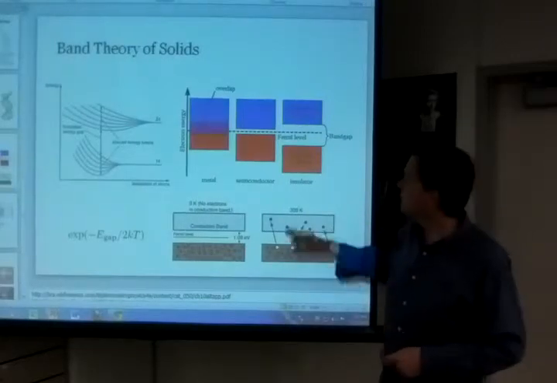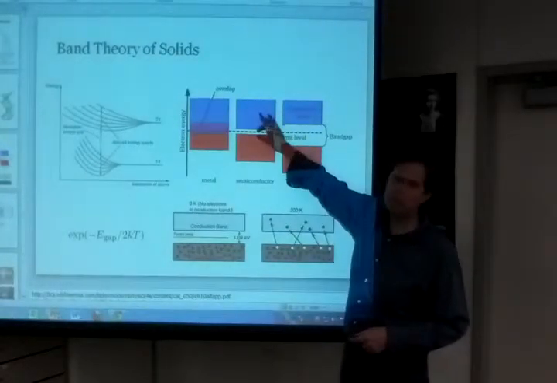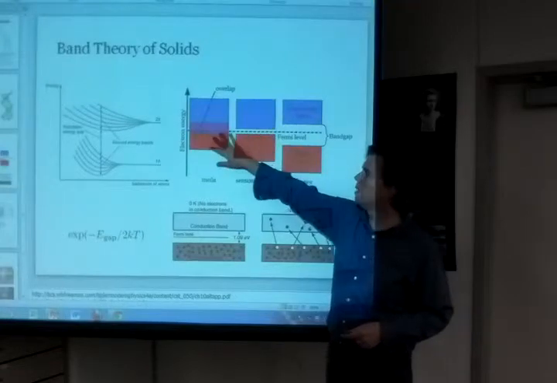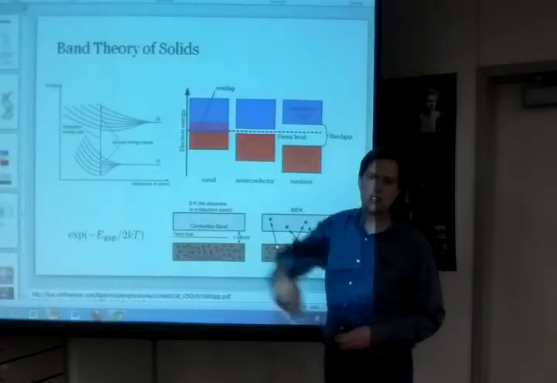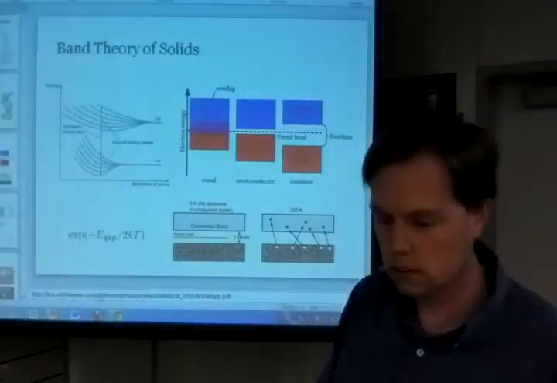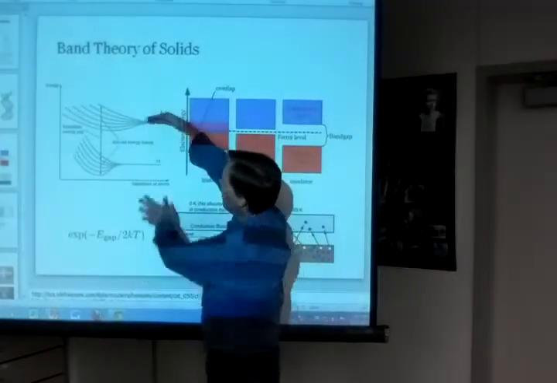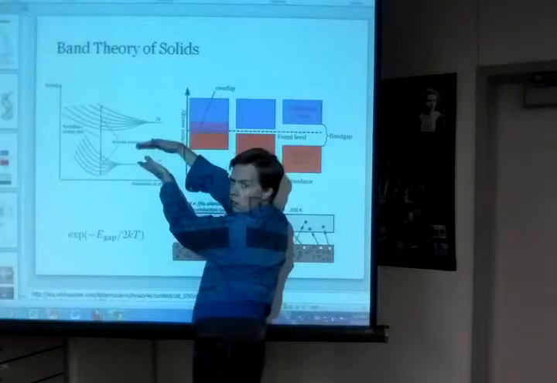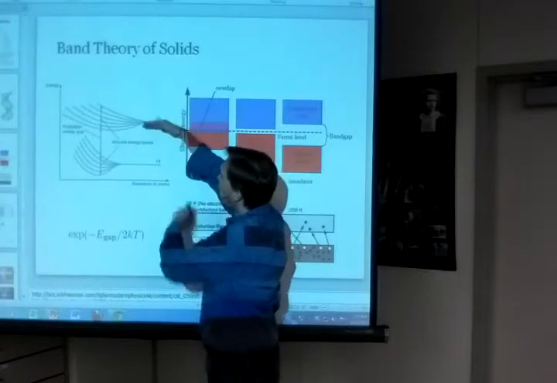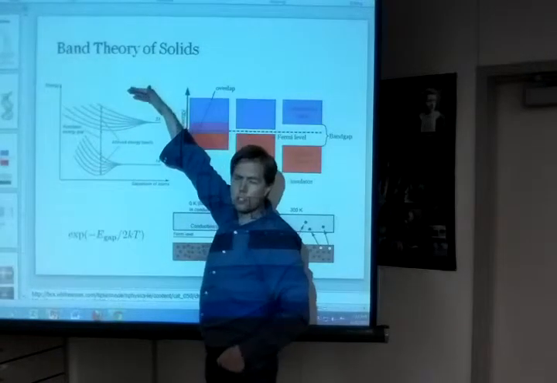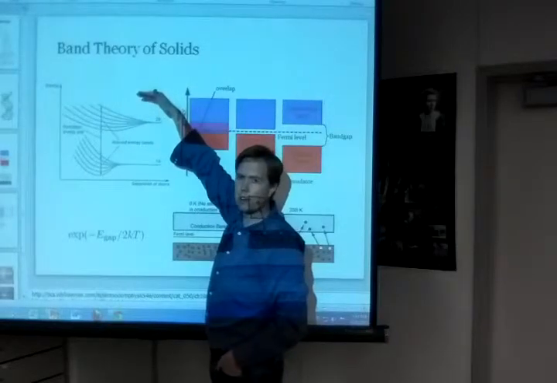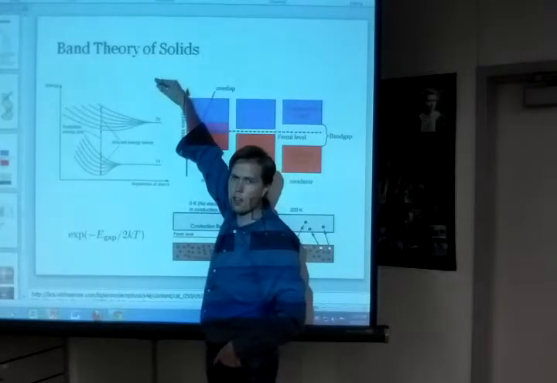Now, a semiconductor closes this gap a little bit, and a metal is when the bands actually overlap. In this example, imagine this were a little bit closer, or we're a little bit higher up the chain, which is true for metals. Maybe we're talking about the 2s and the 3s orbitals.